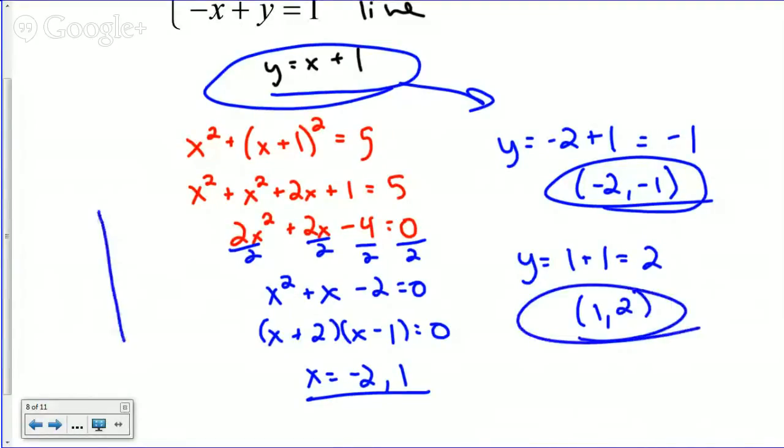So if I got this circle here on my graph, 1, 2, that's there, negative 2, 1, that's there. So my line is intersecting about in there like that. As you can see from the line, we got a slope of 1, y-intercept of 1. So that kind of matches there.